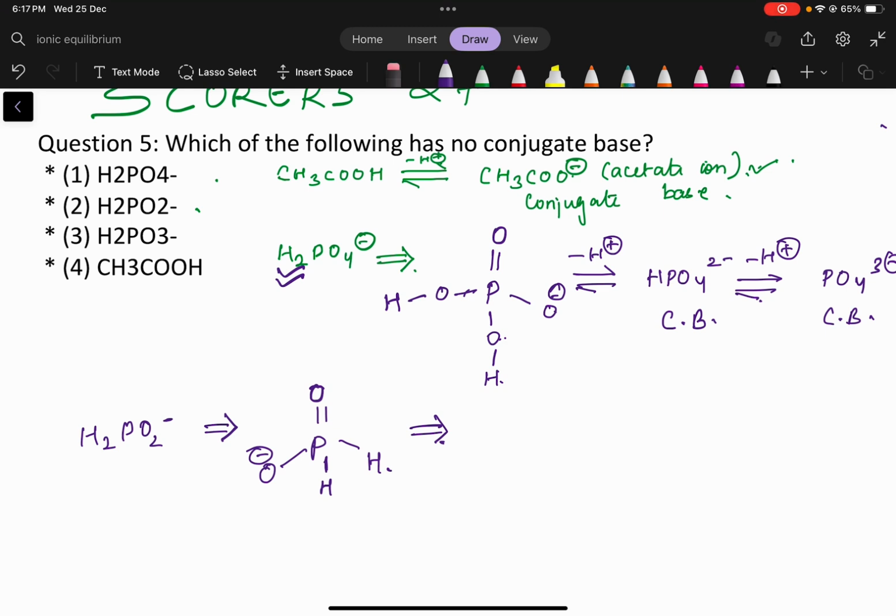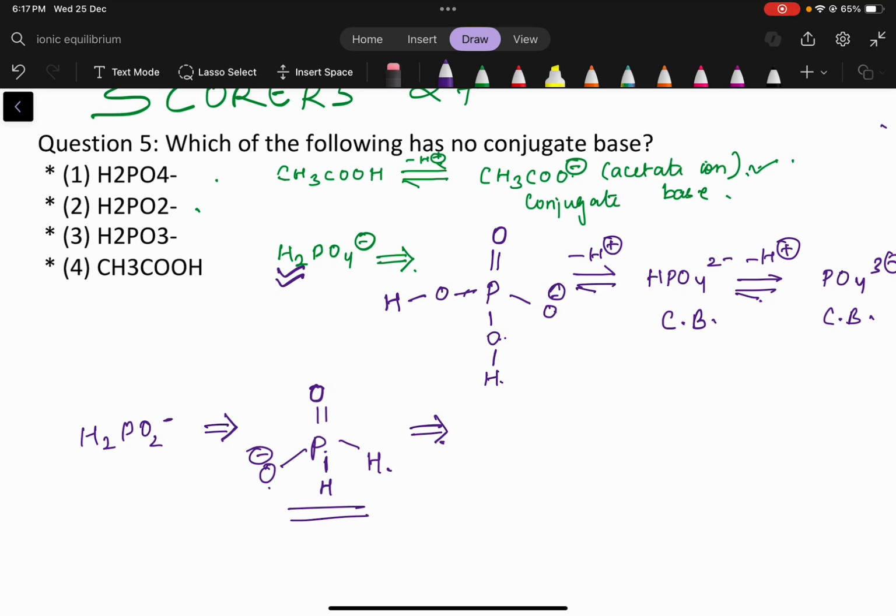But this is not the case for H2PO2 minus. Why? The hydrogen is not attached to oxygen. The hydrogen is attached directly to phosphorus. Both hydrogens are attached directly to the phosphorus. As you know, the electronegativity of phosphorus is around 2.09 and hydrogen is 2.1, resulting in a stronger bonding. Because of this stronger bonding, it is very difficult to release these hydrogen atoms.